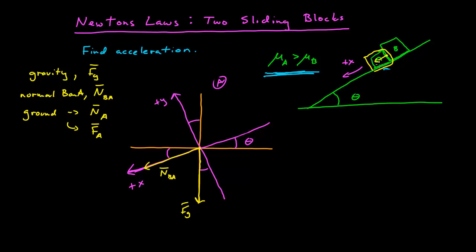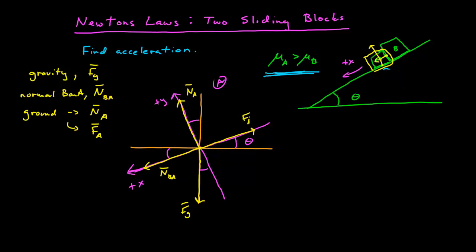The normal force of the ground on A is perpendicular to the surfaces and from the agent to the object, from the ground to object A. And then the frictional force is parallel to the surface.